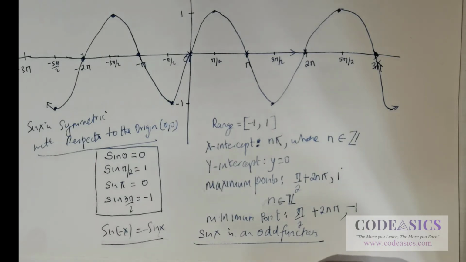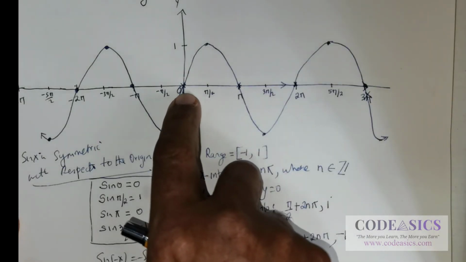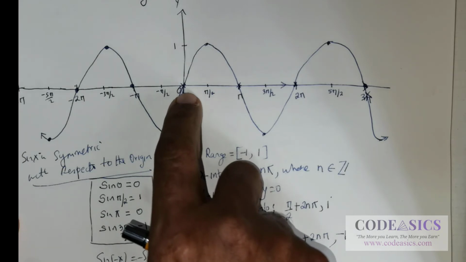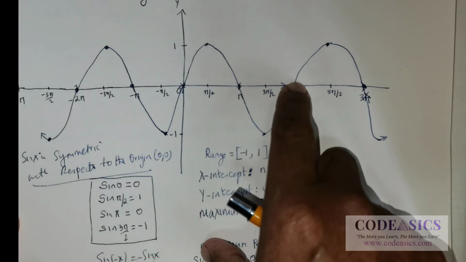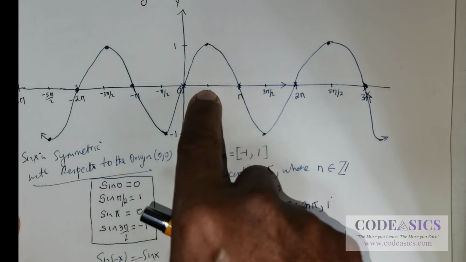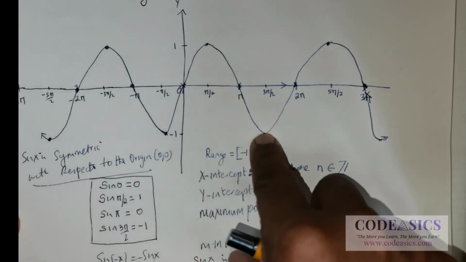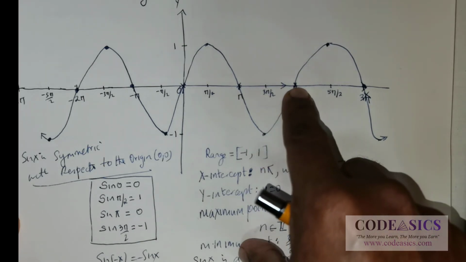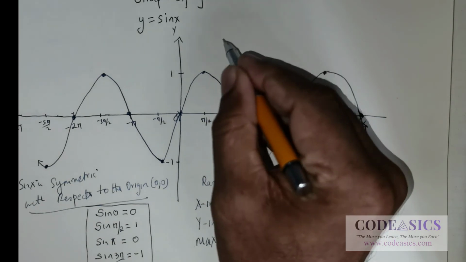And for increasing and decreasing, one wants to know where exactly the sine function is increasing, say over the period 0 to 2 pi. Clearly you can say that sine x is increasing from 0 to pi over 2, and it is increasing from 3 pi over 2 to 2 pi. So let me write that also down.